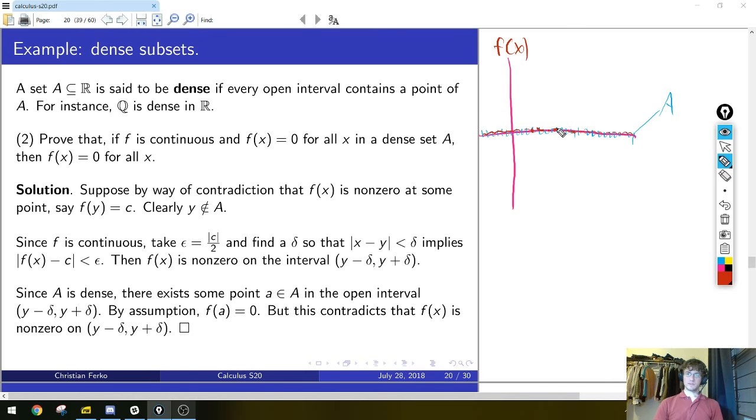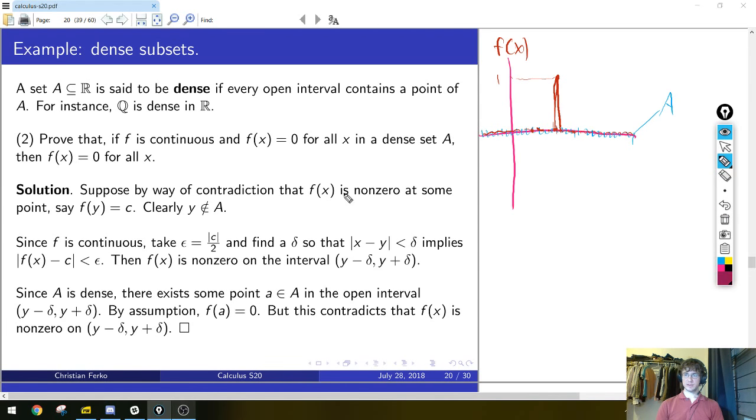Because if the function were non-zero at some point, say we tried to make the function up here jump to 1, that shouldn't be able to work, because for it to do that continuously, it would have to have an interval where it increases to 1 and comes back down, but in that interval there would be an element of A where it's non-zero, and then we would break the assumption. So we're trying to prove that if you're 0 on a dense set, you're 0 everywhere.